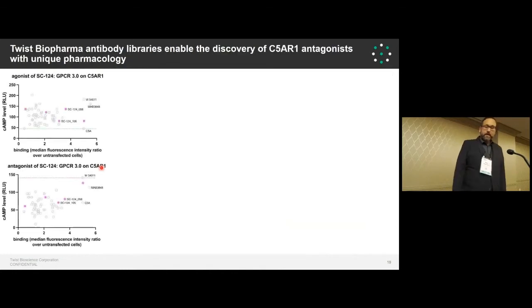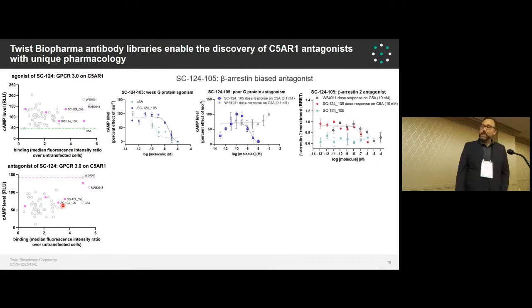So again, looking at activation, this is another Gi coupled receptor versus binding with agonism and antagonism. I think what I want to point out here is none of these were very strong activators or blockers. When I went back and did functional assays, here this 124-105 did seem to activate, but it was really right shifted from the endogenous agonist.